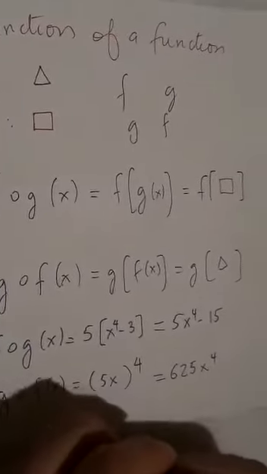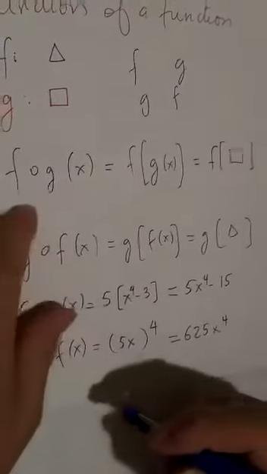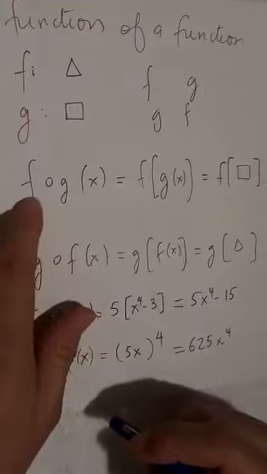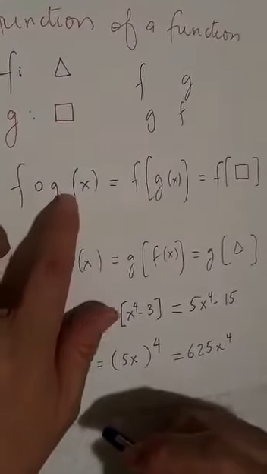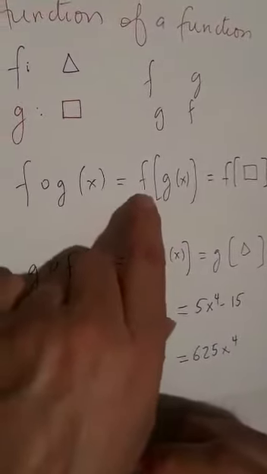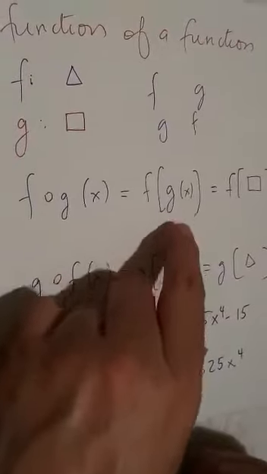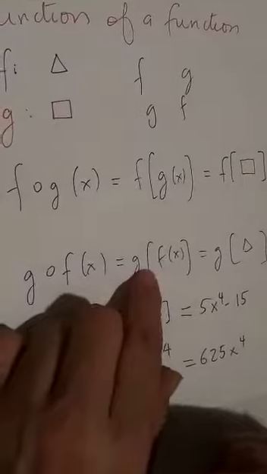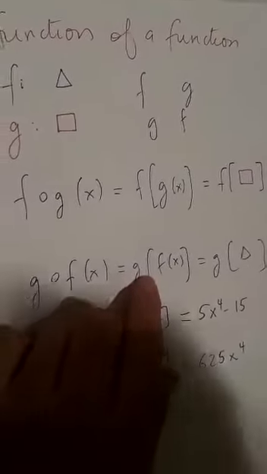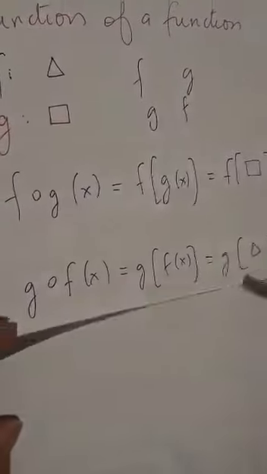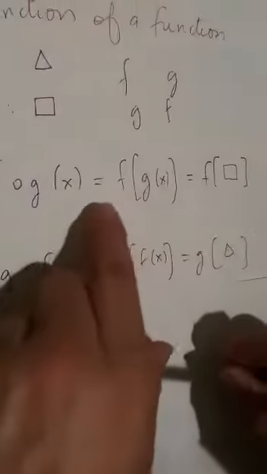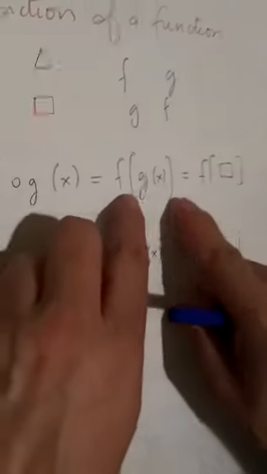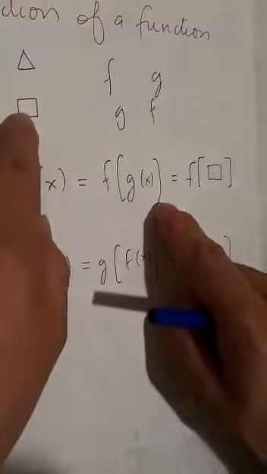a rectangle. So when you compose f and g, f compose g of x is f of g of x. G compose f of x is g of f of x. Okay, so for example, if you're doing f compose g, that means you're doing f of g of x, and g of x is the square.